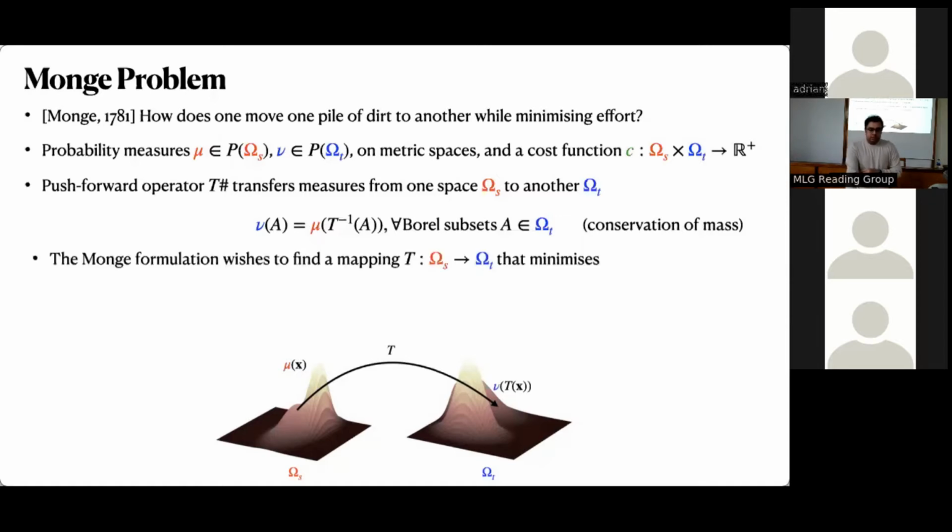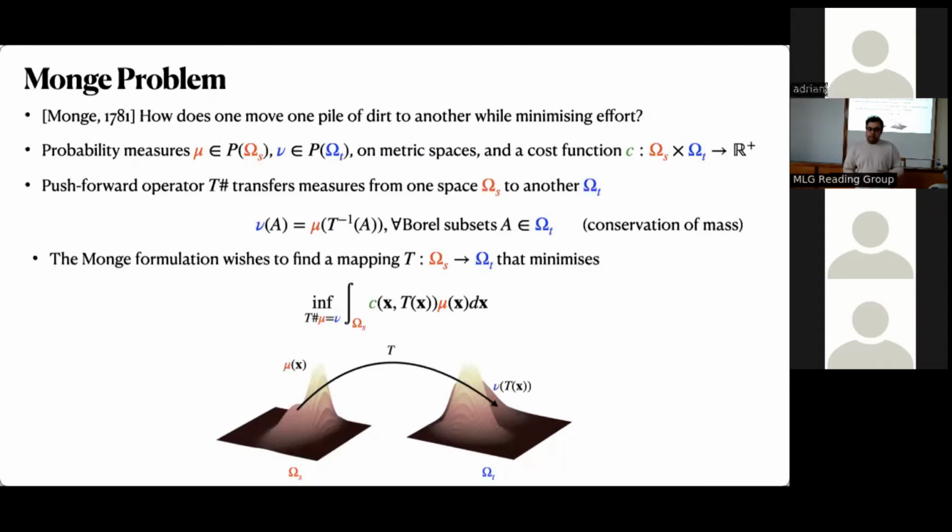And what Monge said was that you want to find a mapping of this push forward operator that minimizes the integral of the cost of moving a point x multiplied by the probability measure of that point x, integrated over the entirety of the source space. And it's constrained to the requirement that T needs to be a push forward operator.